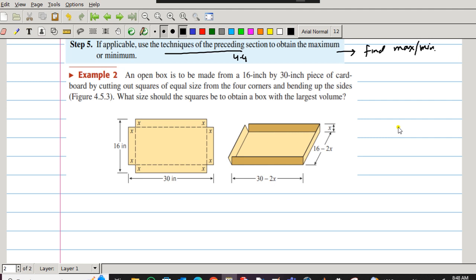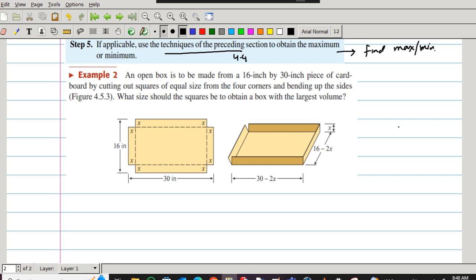So we cut the corners, same square corners, and now bend along this line. You will get a box because you bend it, so you got a height. And because they are square, when you bend them, they will exactly meet. You can put some glue, it will become a box.